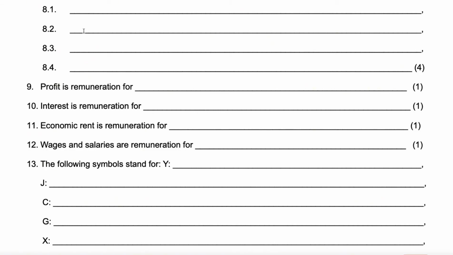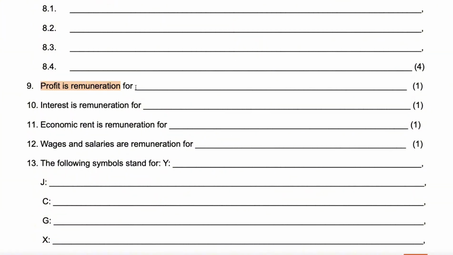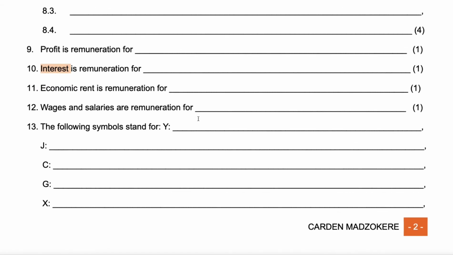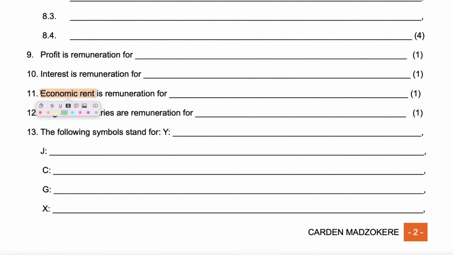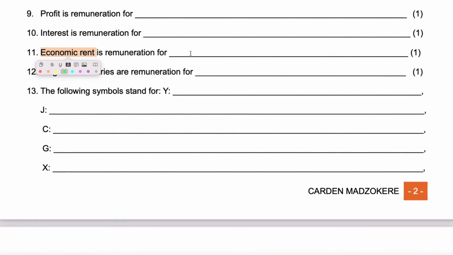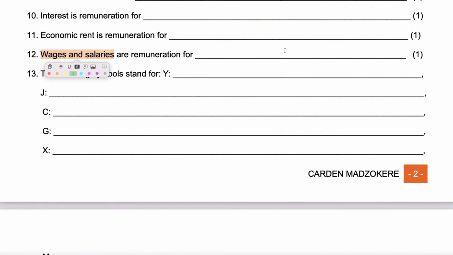Which of the 4 factors would give you profit as a remuneration? Obviously, that will be entrepreneurship. Then interest will be remuneration for capital. The next one is economic rent. Economic rent will be remuneration for land. Then lastly, when you get a wage or a salary, the factor that you will have provided is labor.